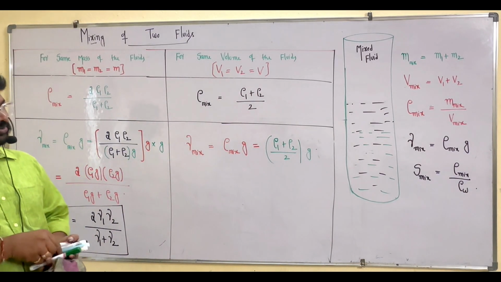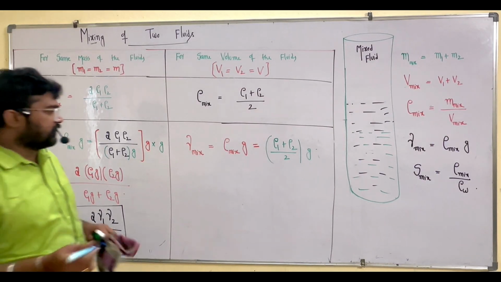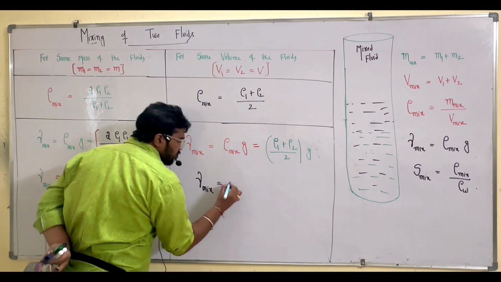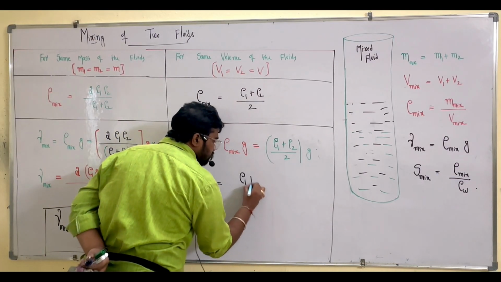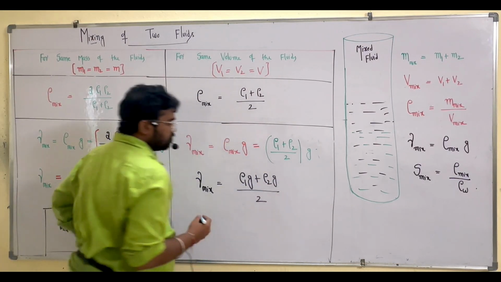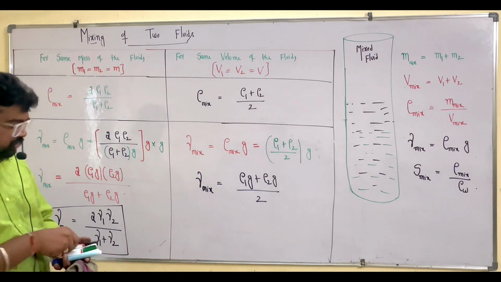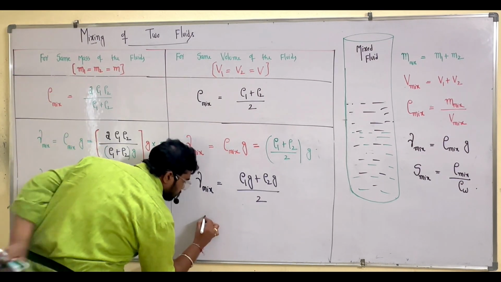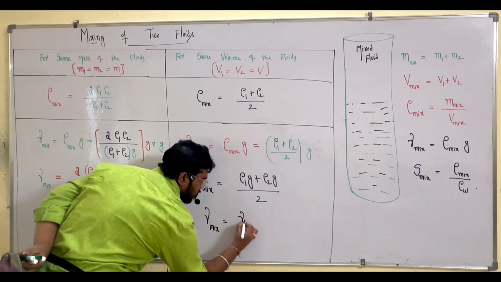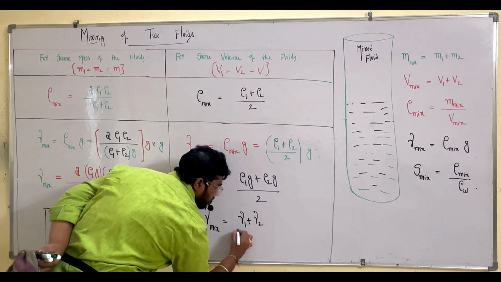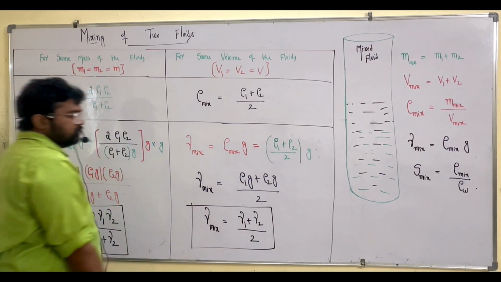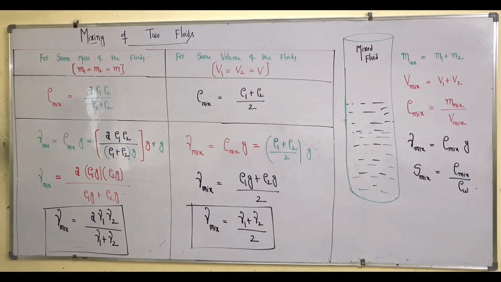Rho 1 plus rho 2 by 2 into G. Then so ఇప్పుడు నీకు gamma mixture equal to rho 1 G plus rho 2 G by 2. Then gamma mixture equal to how much? Gamma 1 plus gamma 2 by 2.